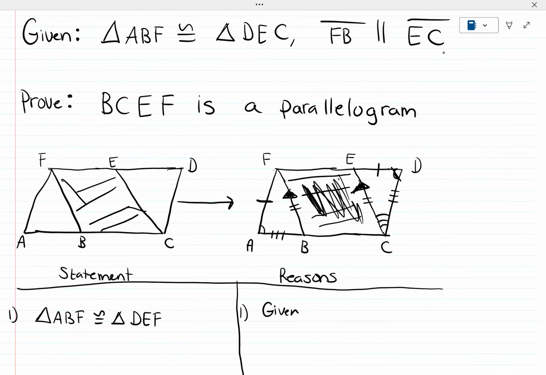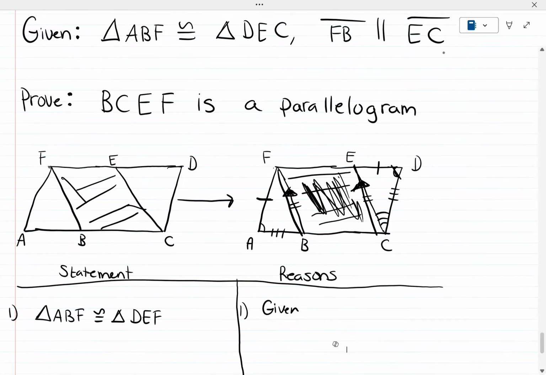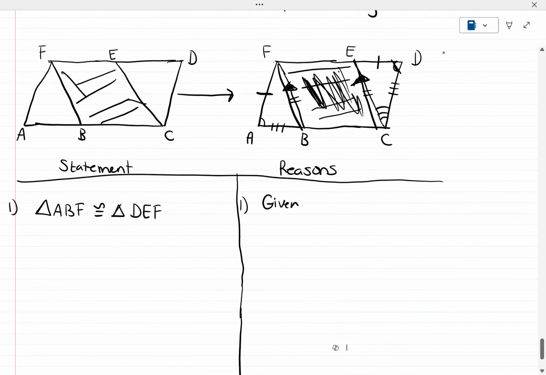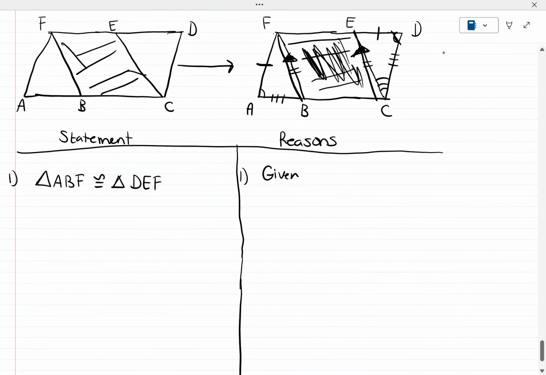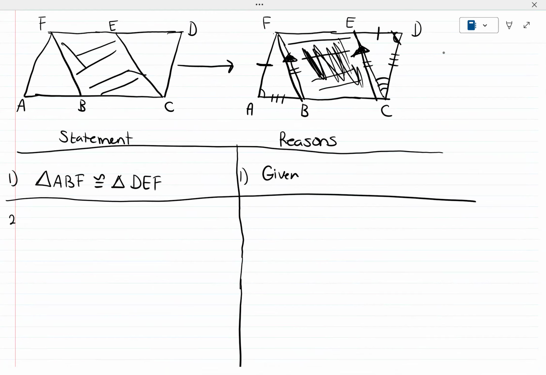They tell us that line segment FB is congruent to line segment EC. Right here, this side is congruent with this side. And how do I know? Because there's two tick marks meaning they're congruent. So we could say line segment FB is congruent to line segment EC.